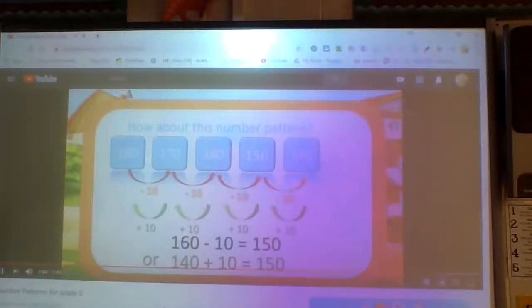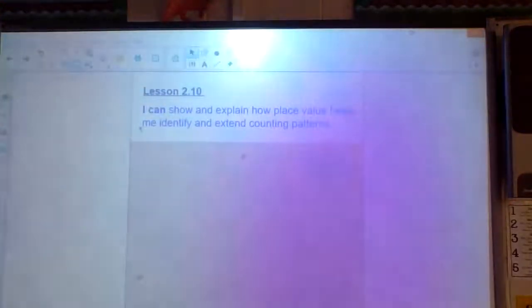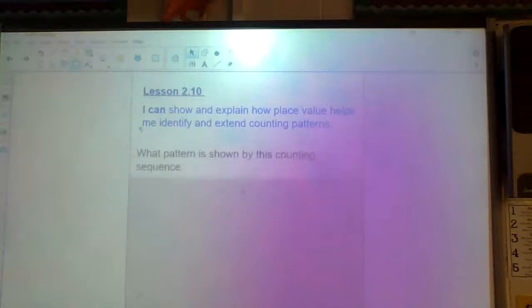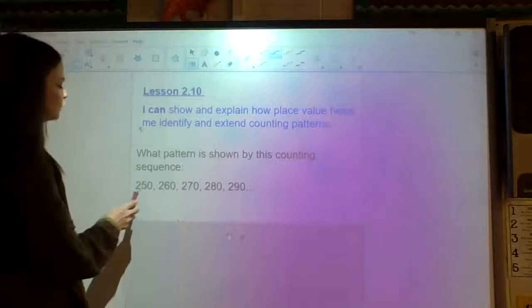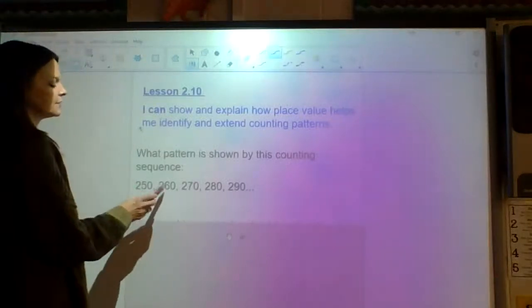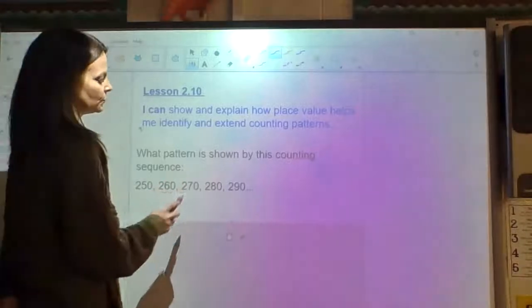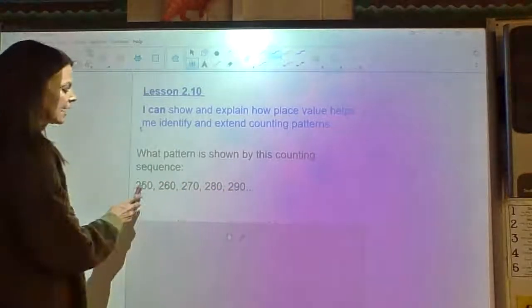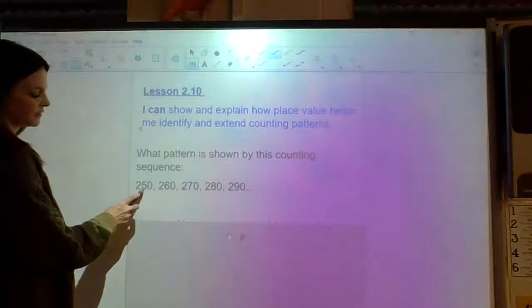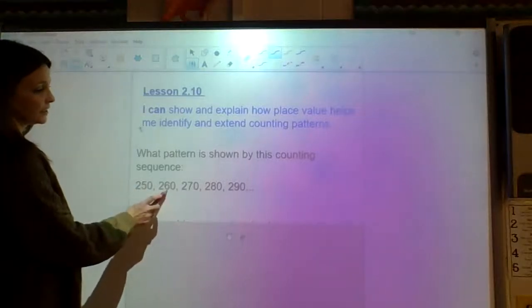Now, let's take a look at our lesson. Let's see what pattern is shown by this counting sequence. So, first I'm going to read the whole pattern of numbers: 250, 260, 270, 280, 290. So how do I get from 250 to 260?